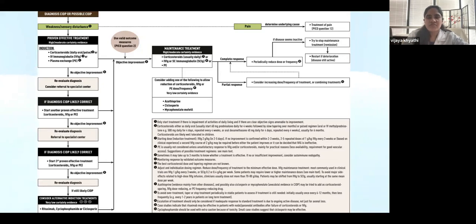If he is completely responsive, we'll start to taper the dose. If he has any partial or suboptimal response, then we'll go back to increasing the dose, or use a combination of medications. Or as I mentioned earlier, if he's not responding well, then we'll move to other treatments.